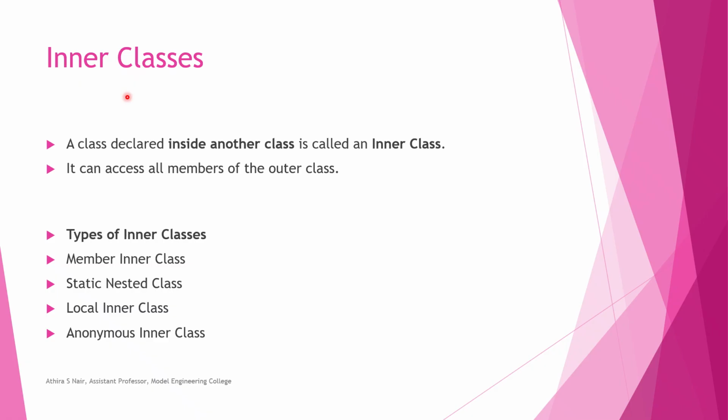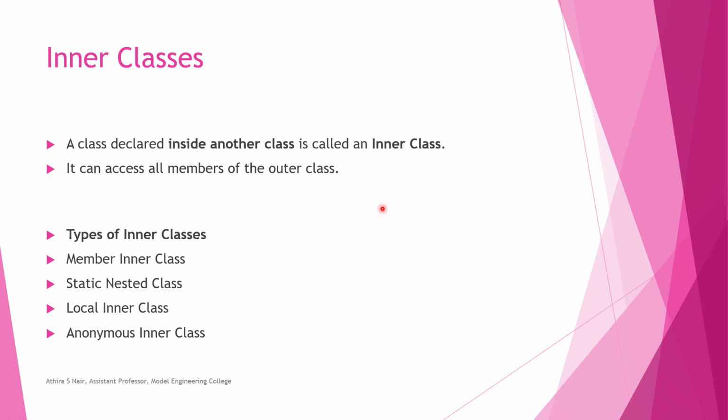Now let's discuss our final topic, inner classes. An inner class is simply a class declared inside another class. The outer one is called the outer class and the inner one is called the inner class. So why inner class?